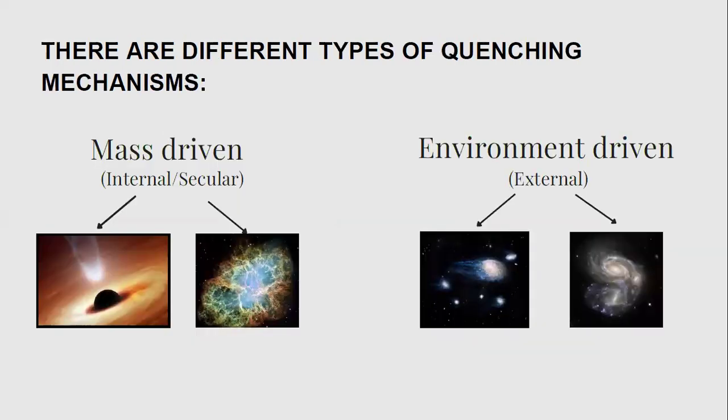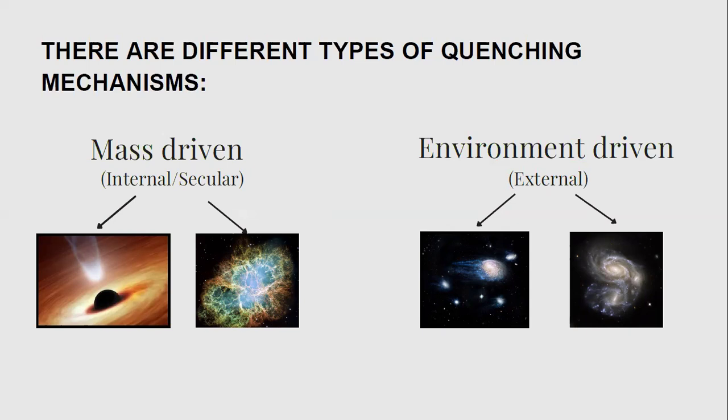We have different types of quenching mechanisms in the universe. In the literature, we separate them in two ways: mass-driven and environment-driven. Mass-driven is for any internal process that affects the galaxy. For example, the proper stellar population evolution, the AGN for high stellar mass galaxies, or supernova feedback for low stellar mass galaxies.